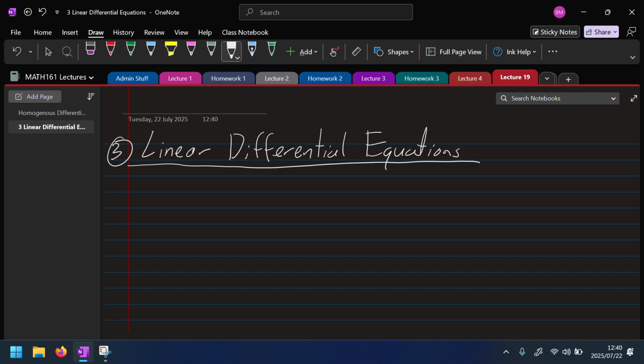We had fractions with y, we had y squared, and so on. That makes it non-linear. For case 3, we are only interested in cases where it is linear. If you see something that is non-linear, ignore this third one. You cannot use it. If the differential equation is linear, you might be able to use 1 and 2, but you can also use 3. So please keep in mind it has to be linear.